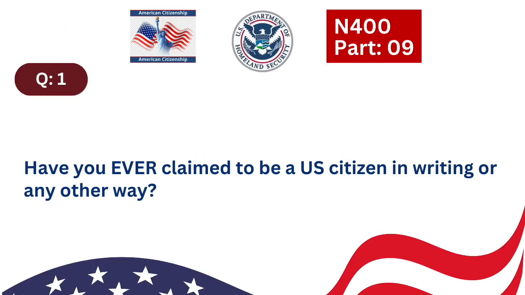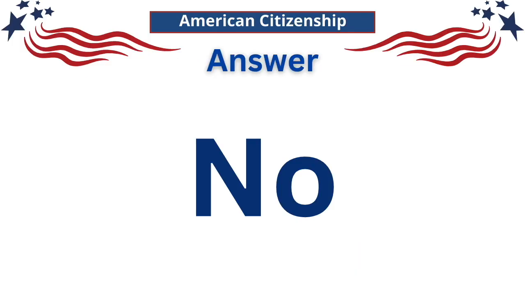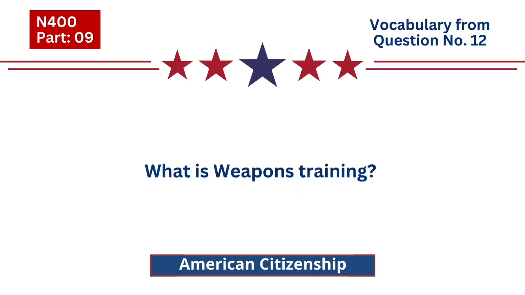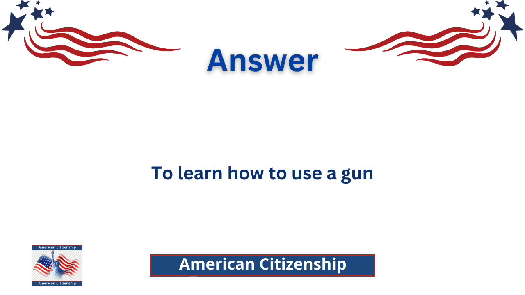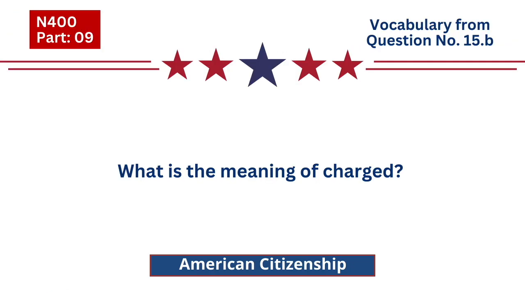Have you ever claimed to be a US citizen in writing or any other way? No. What is weapons training? To learn how to use a gun. What is the meaning of charged?